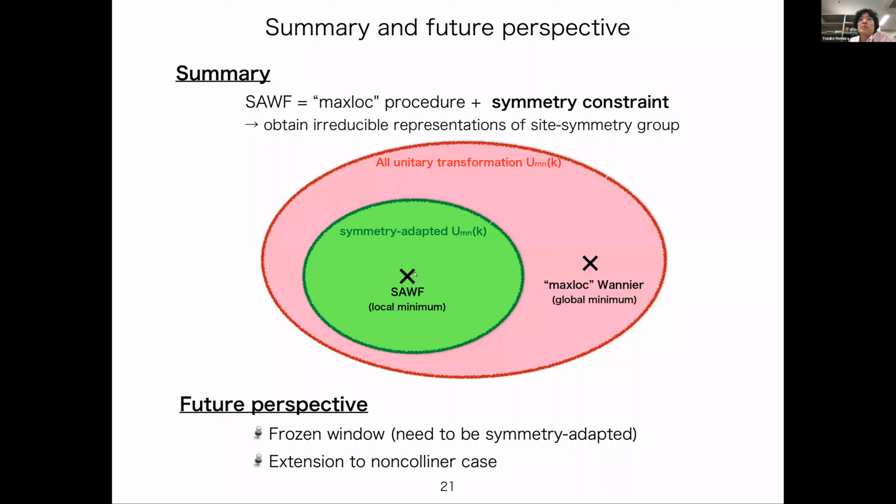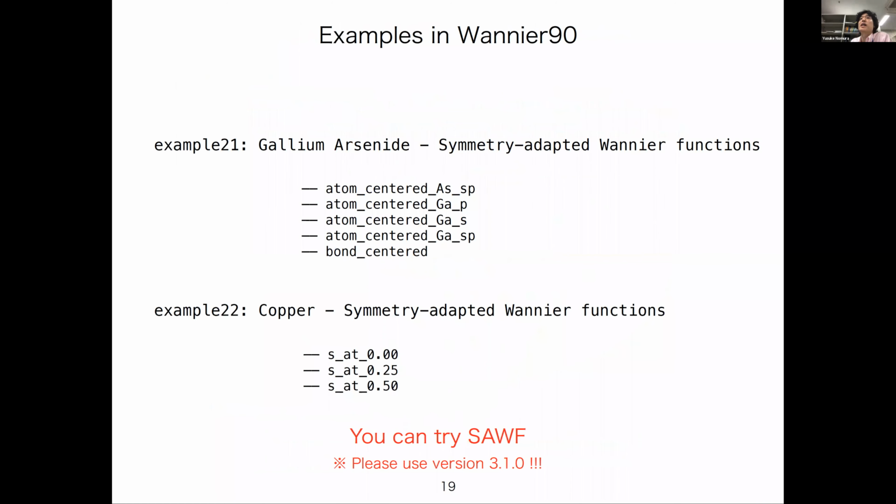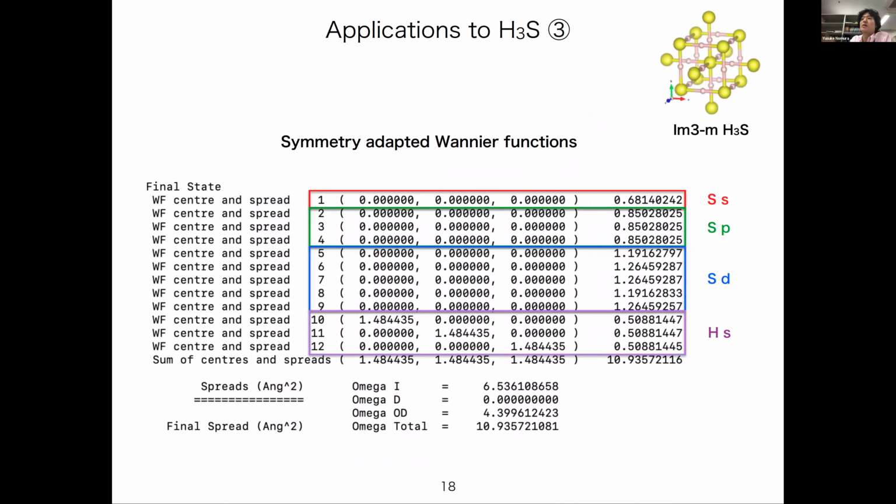Of course, sometimes this minimum can be the same as the global minimum. And in many cases, the maximally localized Wannier function is the same as the symmetry-adapted Wannier functions. But for example, in the case of H3S, clearly, because we restrict the searching space, the spread of the symmetry-adapted Wannier function is larger.